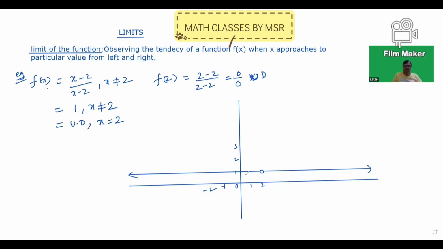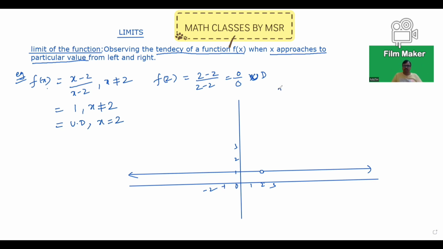Now you see the function. What I said in the definition is the tendency of the function f of x when x approaches a particular value, observing the tendency of the function f of x when x approaches a particular value from left and right.